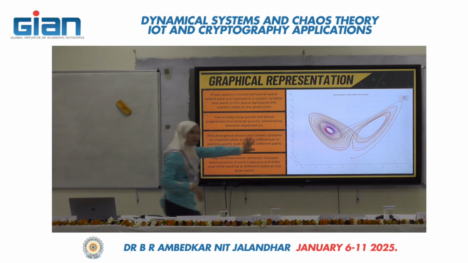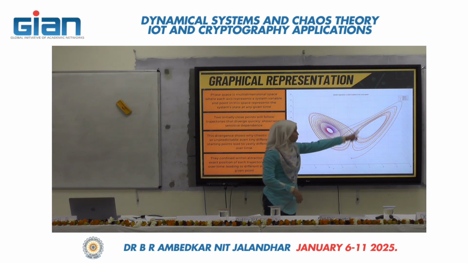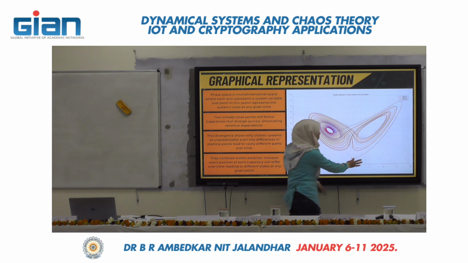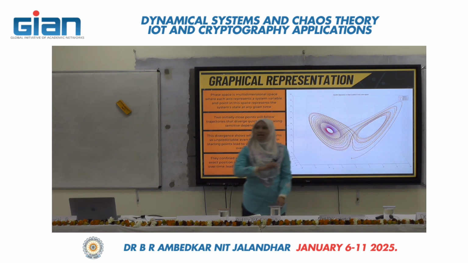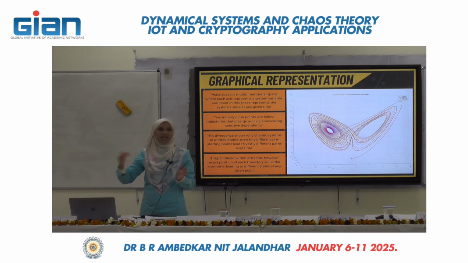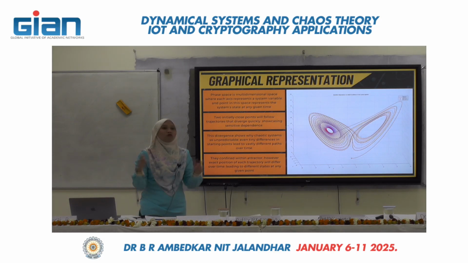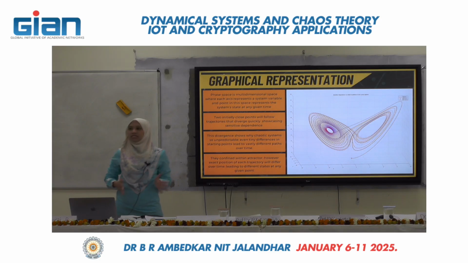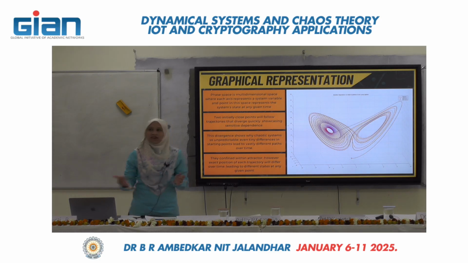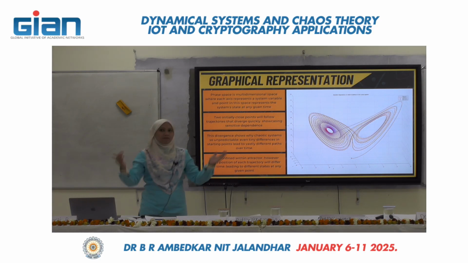I say butterfly because this is what Lorenz found. Even though you can see the difference, the pattern is still like a butterfly. This is because chaos is also bounded. So boundedness is also important. The trajectories will not go far; they will be bounded in the same manner.